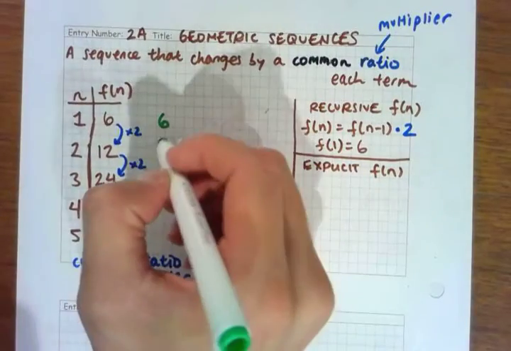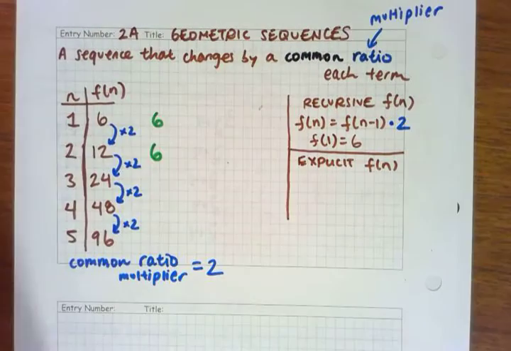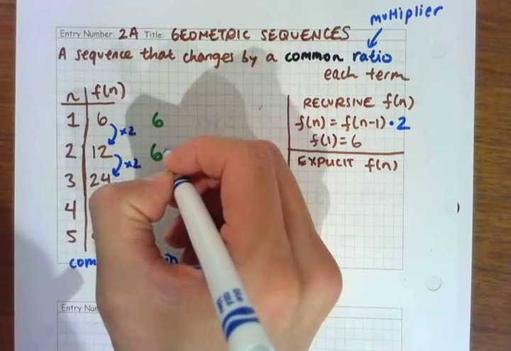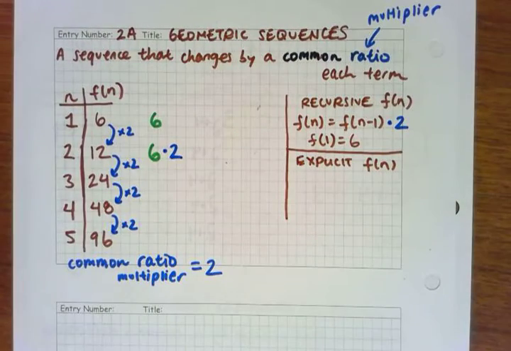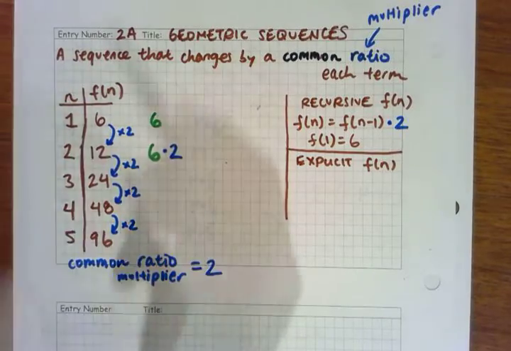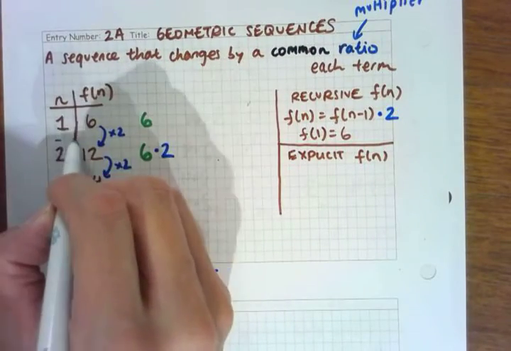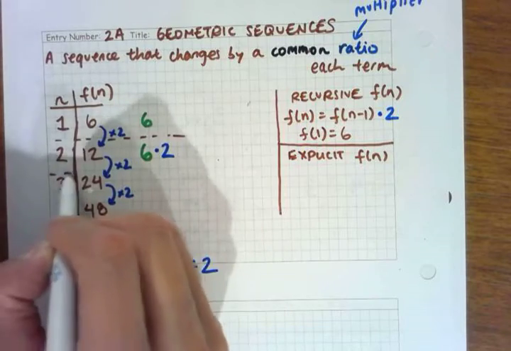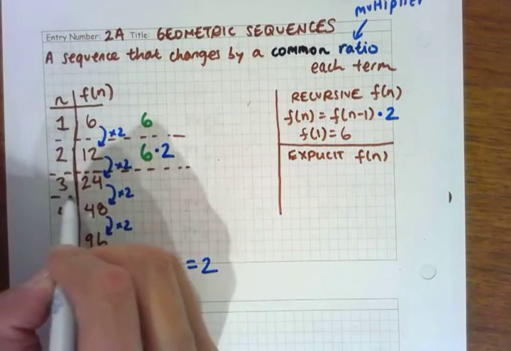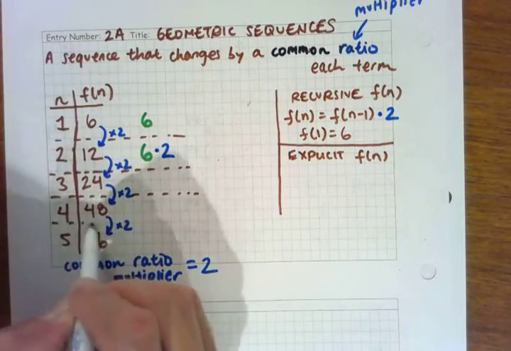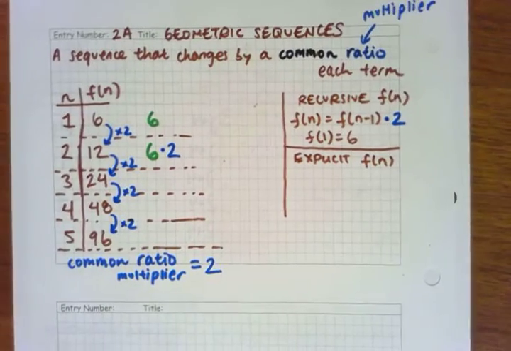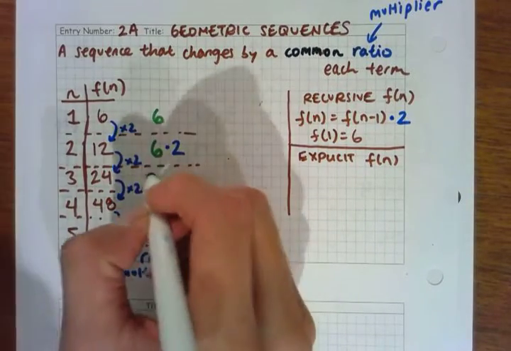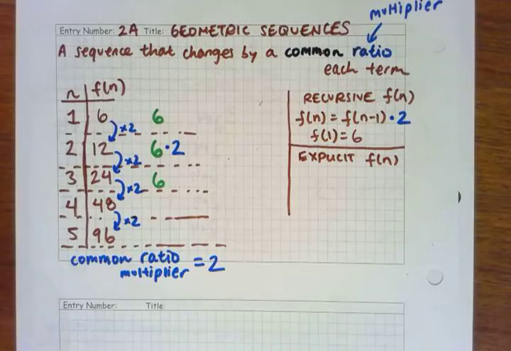In our second term, we took that 6 and then we multiplied it by 2. I'm just going to draw these lines in so that it's clear for you to see how this is working. The third term, right, we started with that first 6, then we multiplied it by 2.